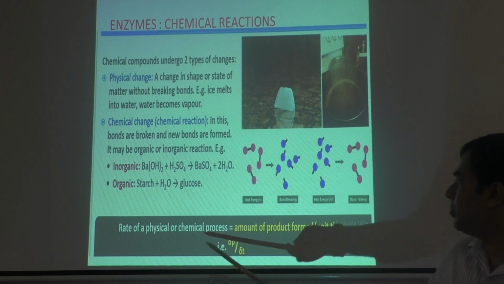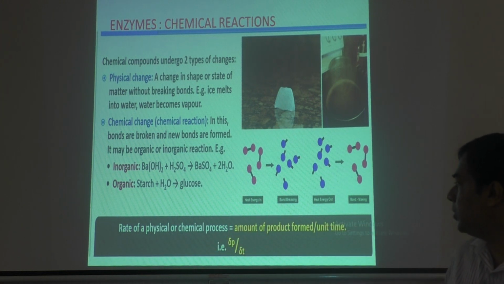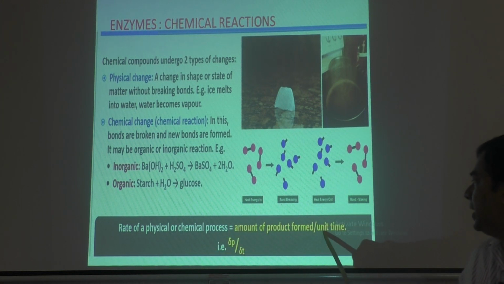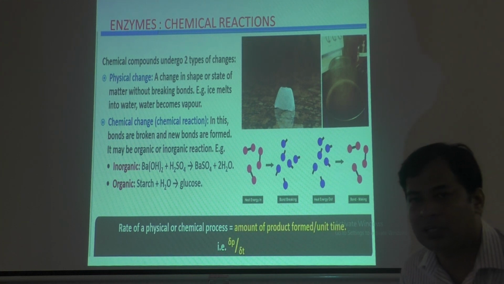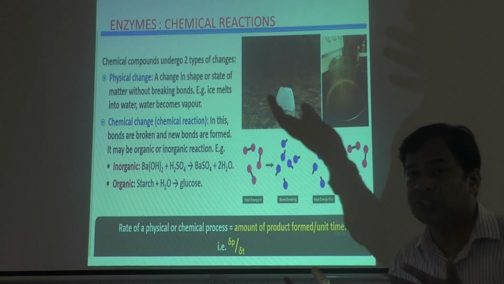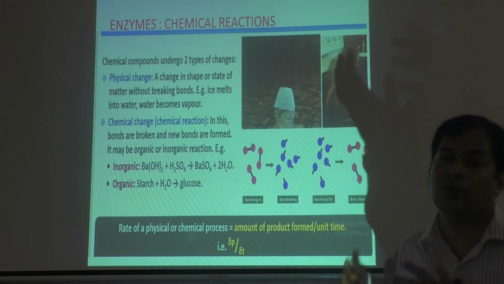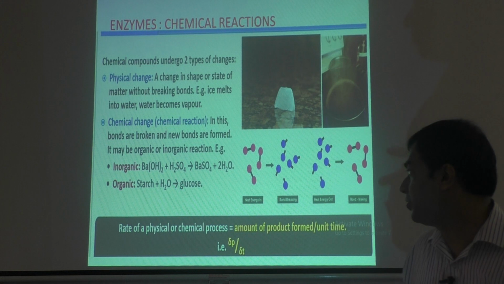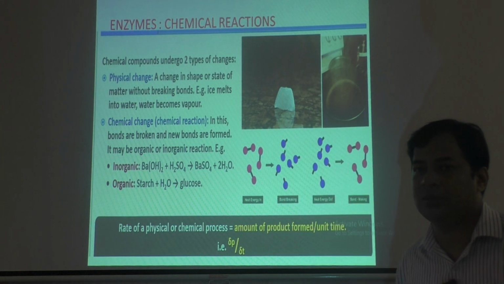The rate of a physical or chemical process is equal to the amount of product produced per unit time. How fast that reaction is happening, or in what quantity the reaction is happening, that is what we call the rate of a physical or chemical process.